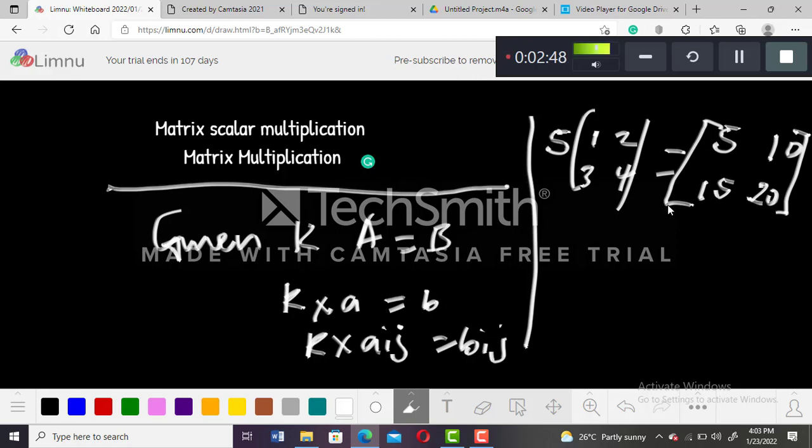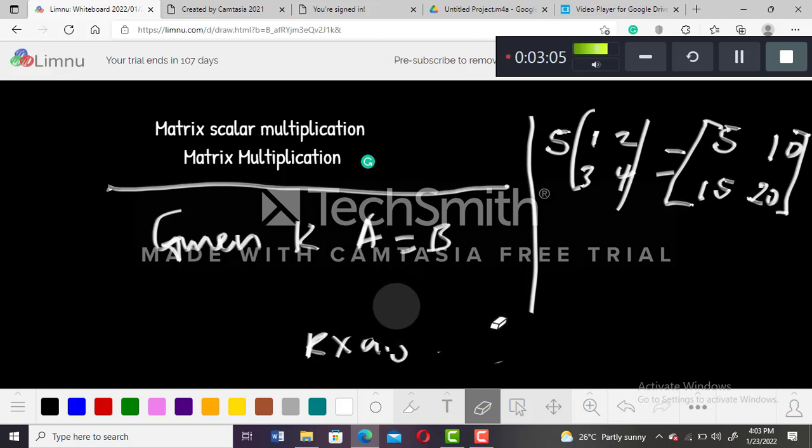Let us now look at what exactly matrix multiplication is.